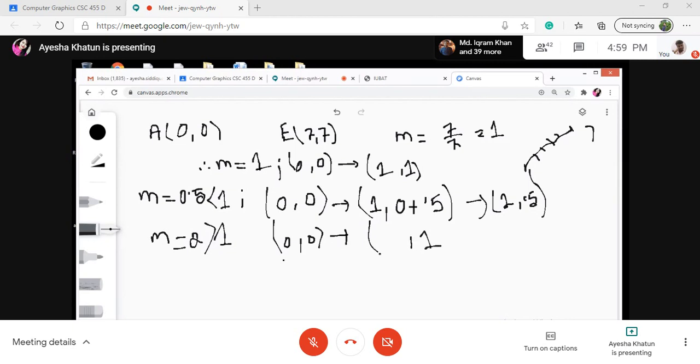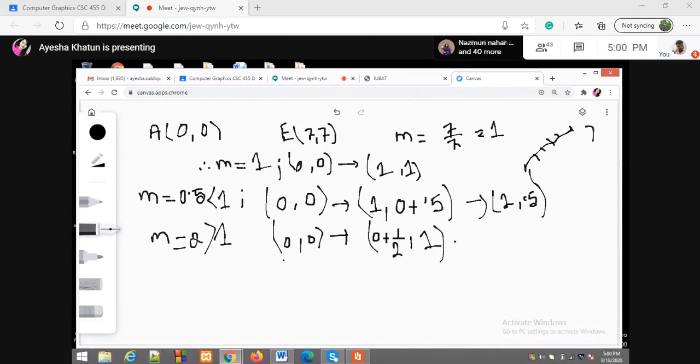And what will be the x value? X value will be the initial value of x plus 1 by m. That means 1 by m is 1 by 2. So what we will get in that case? Half, that means 0.5 and then 1. So that is how actually you have to do the problem.